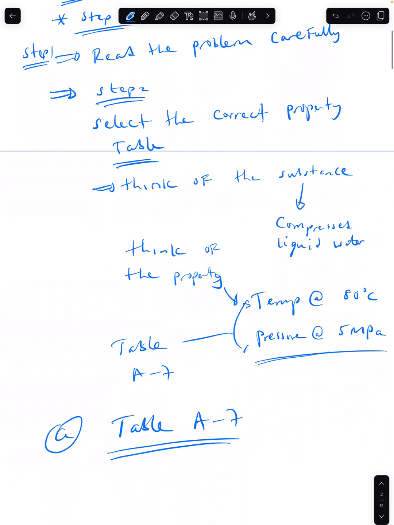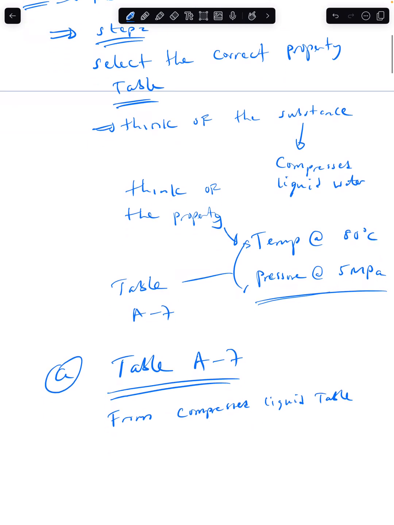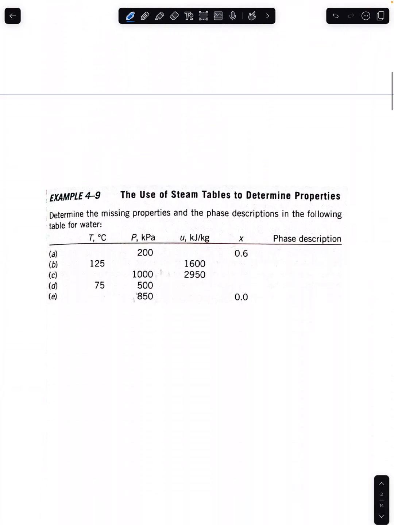It's the compressed liquid table. In that table we are given P equal to 5 megapascal and T equal to 80 degrees Celsius, and from those two points we get the internal energy.